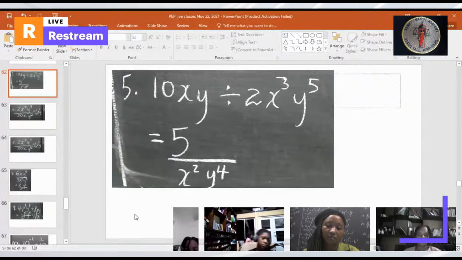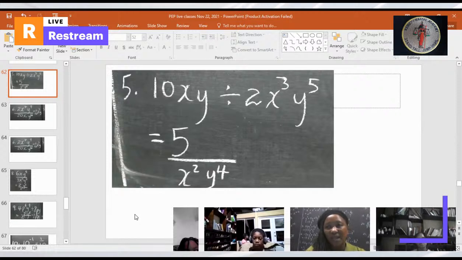The first x is x to the first power, and the second x is x to the third power. So 1 minus 3 is -2, and the y would be y to the first power minus 5, which is -4. So the answer would be 5 over x to the -2, y to the -4.